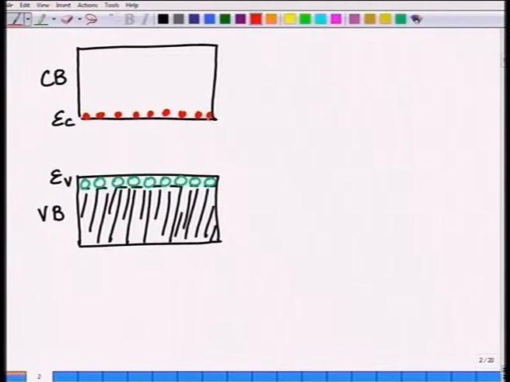So the question we are asking is, what is N, the number of electrons per unit volume in the conduction band, and what is P, the number of holes in the valence band.